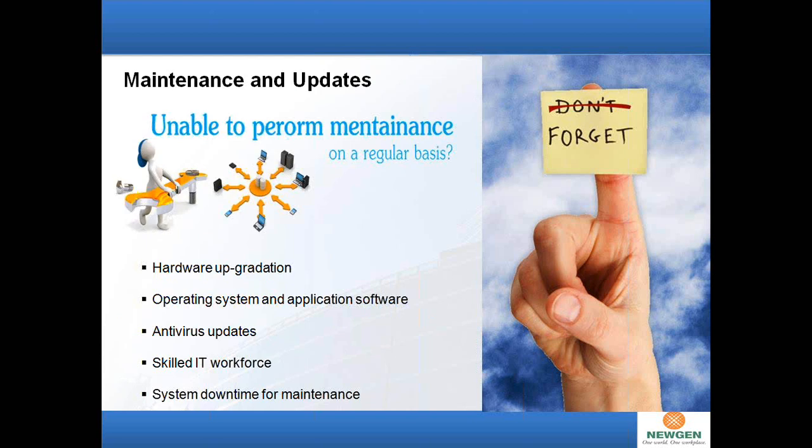Need not worry about hardware upgradation every 3 years, about various patches coming for the operating system or application software, or the antivirus updates that keep coming daily. You don't need a highly skilled IT workforce to ensure that your systems are running smoothly. You don't need to put your system down for maintenance.